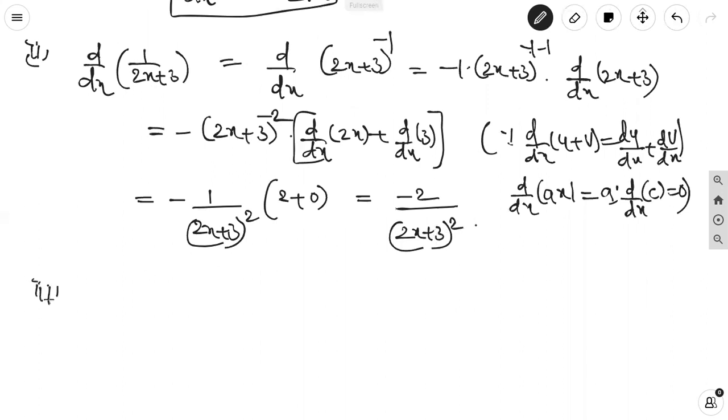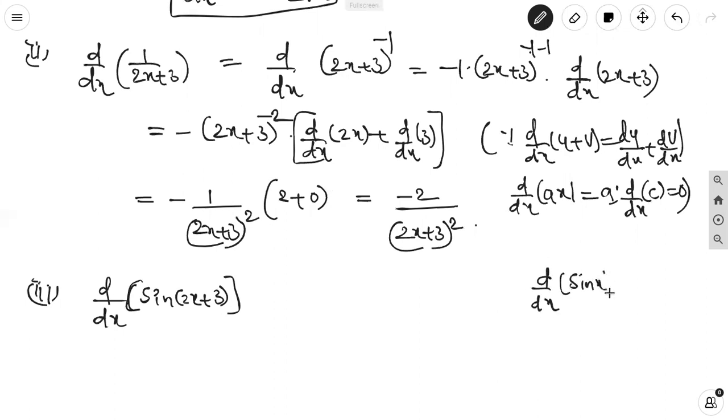Third one is d by dx of sine of 2x plus 3. It is not in the form of sine x. In general, the derivative of sine x is cos x, and again d by dx of x is 1, so we simply take cos x.